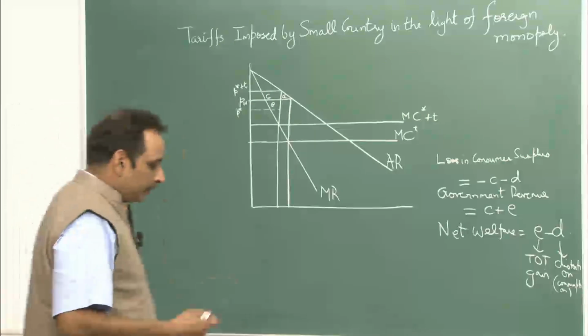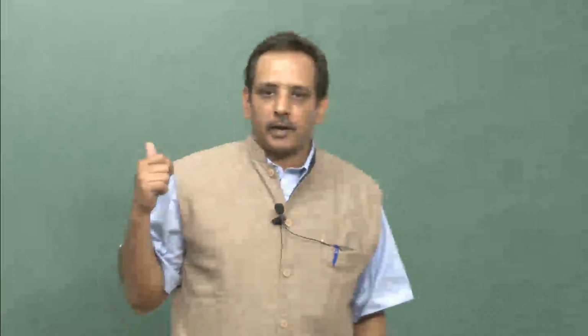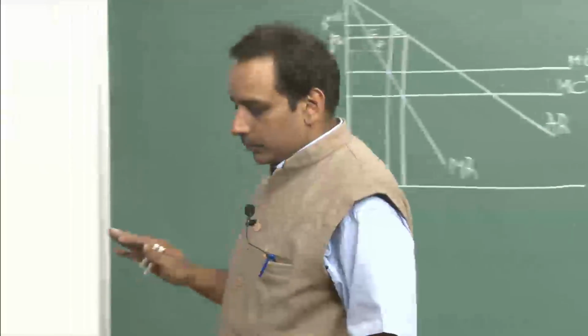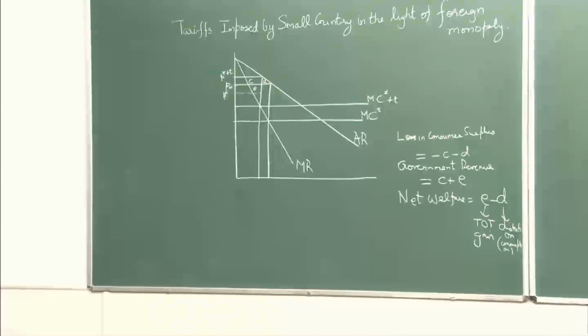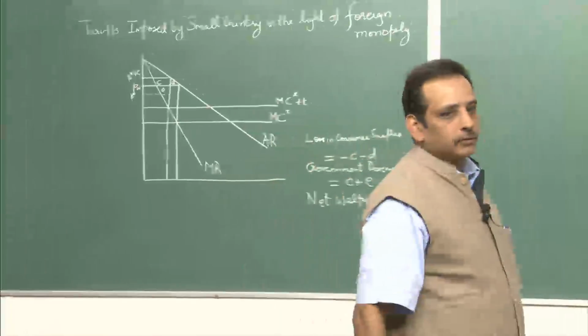This is the third case where this particular good is being provided by the foreign monopolist. So there is no home producer of this good. It is only one producer who is a foreigner, and he is the one who is providing this good.